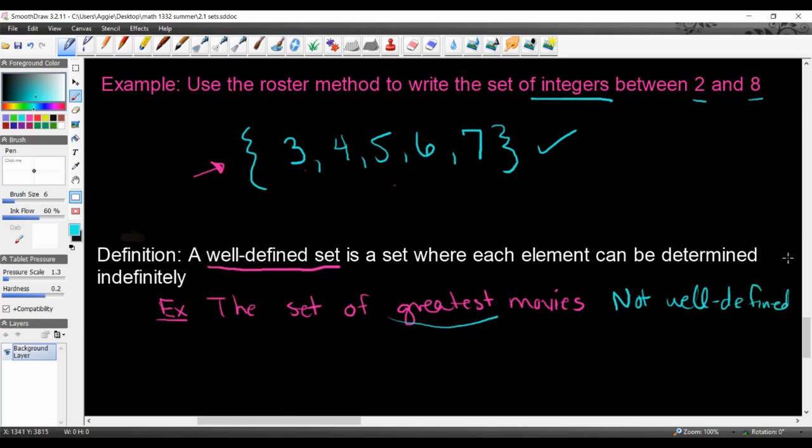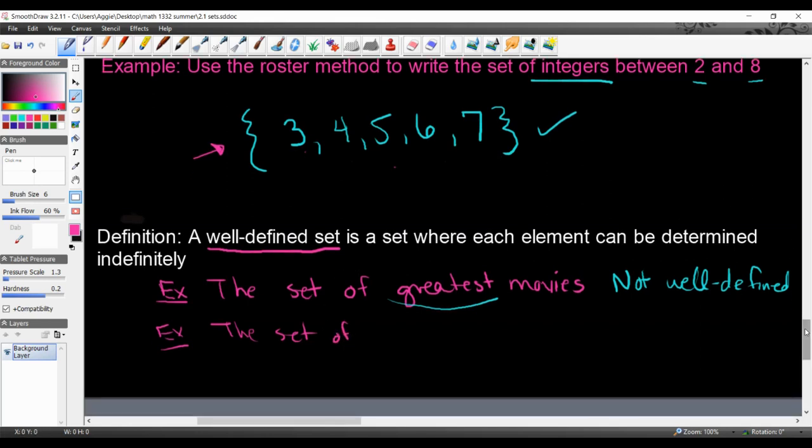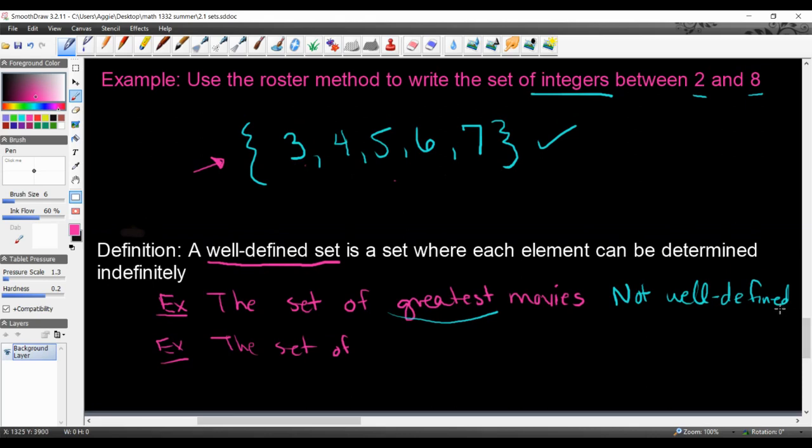Whereas if I said instead, the set of, let me see what's a popular movie franchise. Well, let's just stick with Harry Potter, I guess, because I can't think of anything else. The set of Harry Potter movies, that would be well defined because we know exactly, well, we can look it up anyway, in case you don't know.